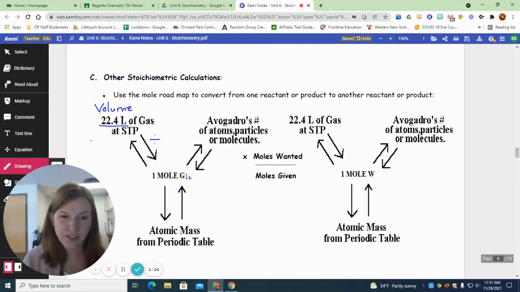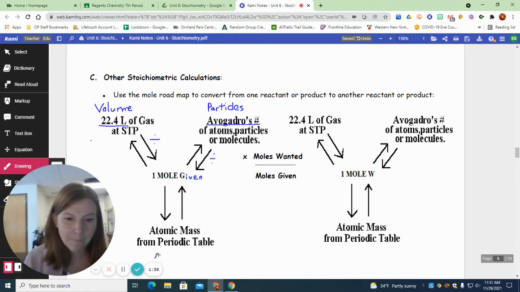So that's what this G stands for, given, okay? If you start with atoms or particles or molecules, so I guess I'll just call this particles, your first step would be to divide by Avogadro's number, 6.02 times 10 to the 23rd.